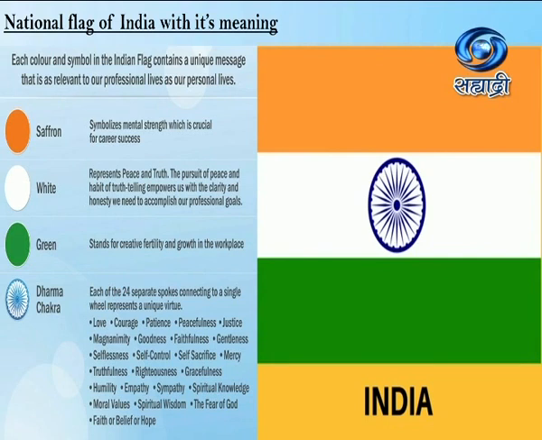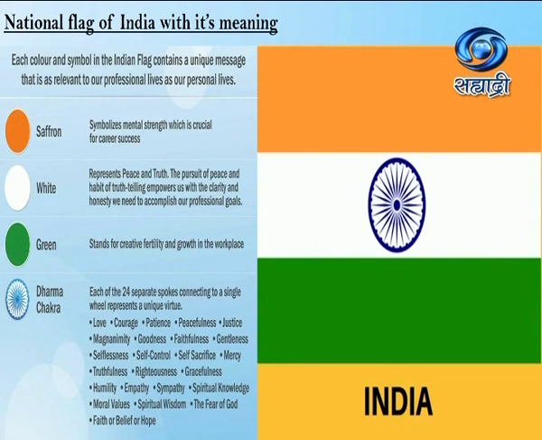So you are the future citizens of India, and you are going to make a different picture by showing your truthfulness, children. And the green color stands for creative fertility and growth in the workplace. This is all related to how we can make our country better by developing different virtues in us.